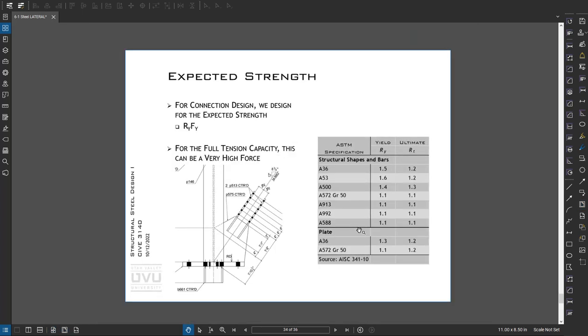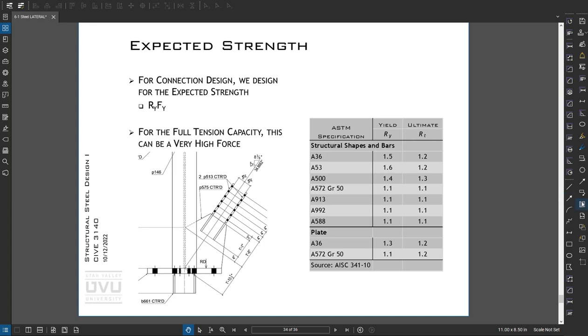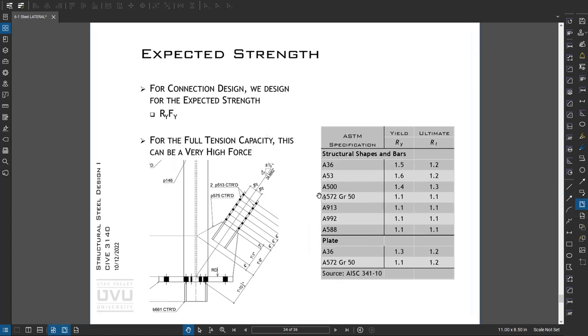All right, and then in connection design, we will often refer to using the expected strength. So when you have different materials produced at the mill, depending on the standard they're made to, there may or may not be an upper limit on yield strength. So A36 doesn't have an upper bound limit.